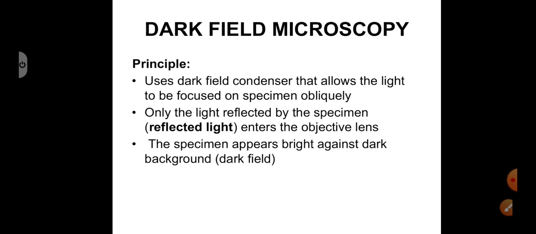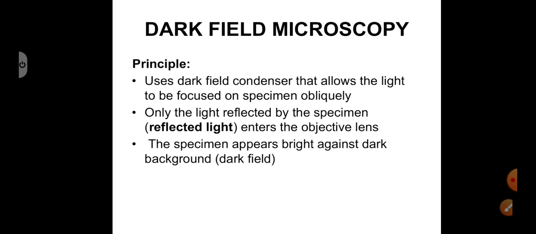Next, let us move on to the dark field microscope. So dark field, that is the field surrounding the microbes, is darker and the microbes as such appear bright. Looking into the principle, here you use a special condenser.